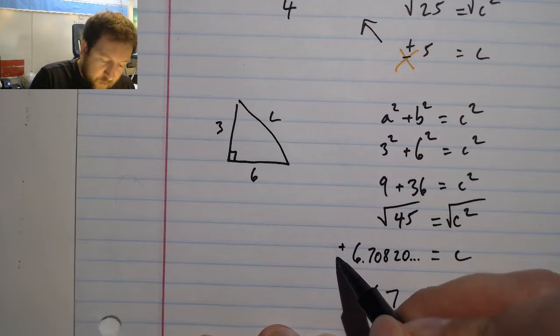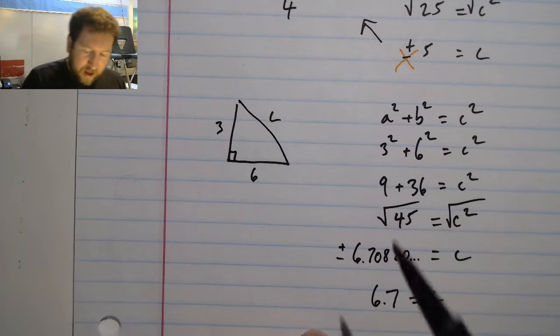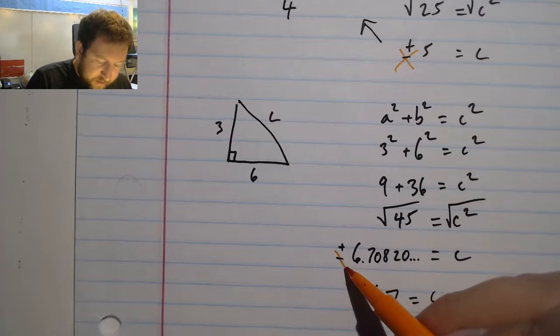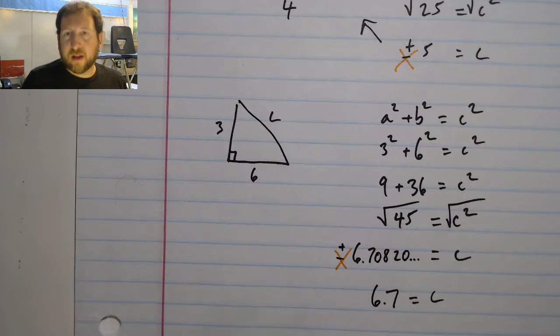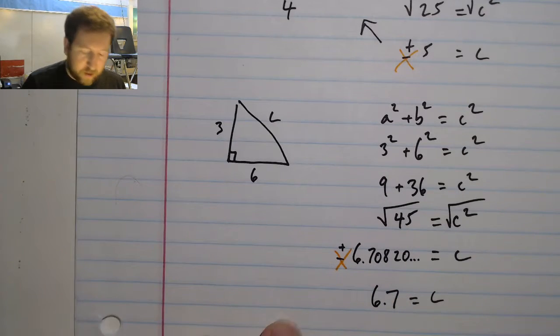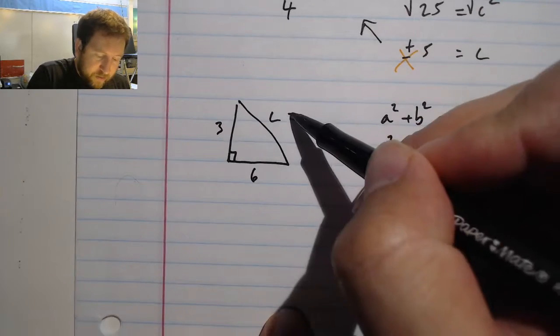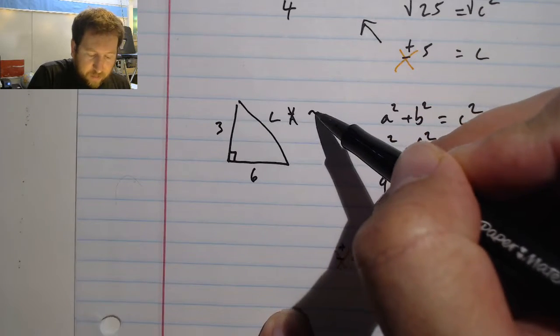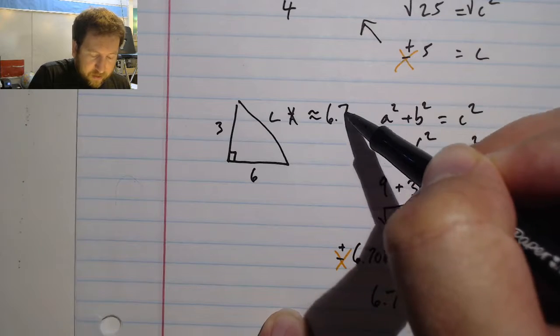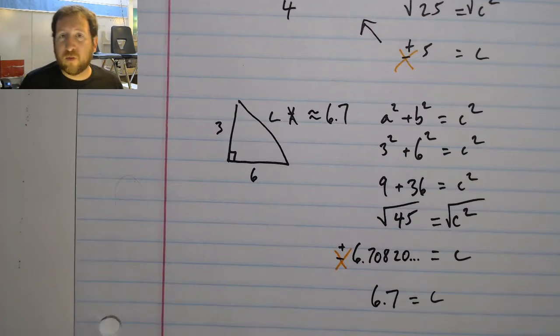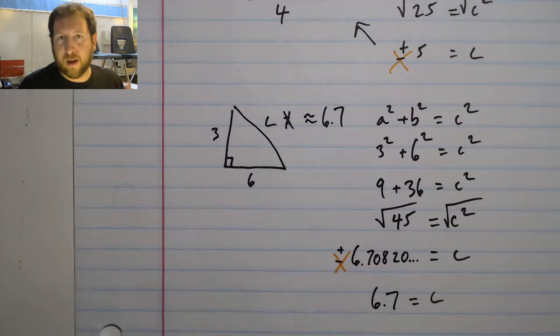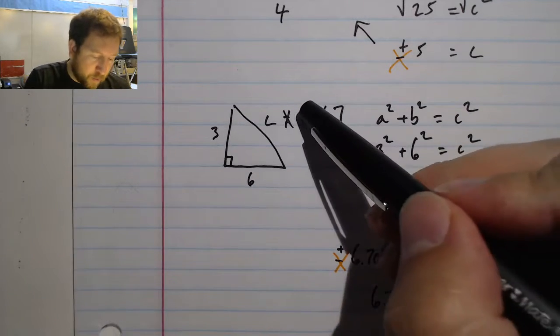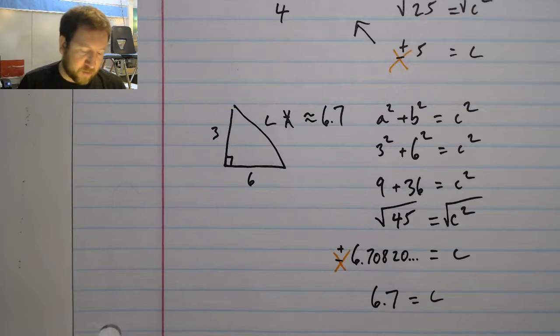Now remember, this was plus or minus, but I am able to discount that negative root because I'm referring to geometry, so it does work. So my c equals, actually it doesn't equal, it approximately equals 6.7. Because I did do some rounding, so I should always use my proper form, and I should use my approximately equal to, my kind of wiggly equal sign. It's going to be much more accurate.